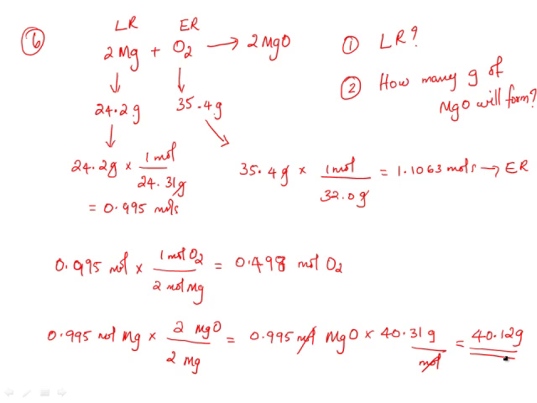So whatever the limiting reactant is, it's not going to be moles. Right? Limiting reactant is calculated using the mole quantities. What exactly is your question? You don't know? 40.31 grams.